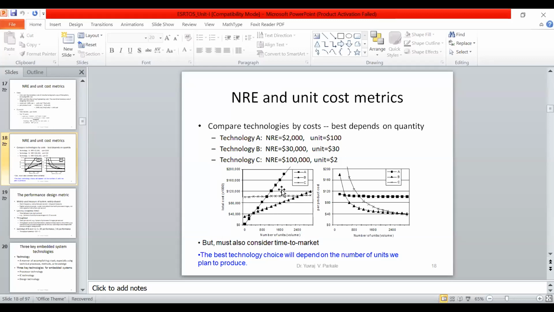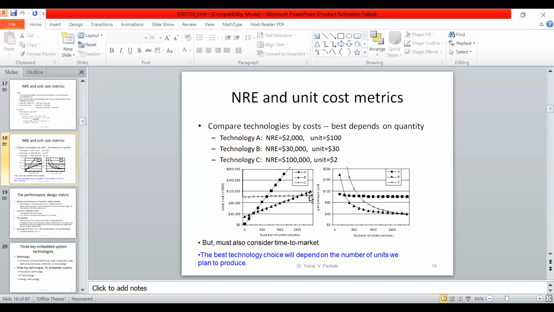Next is technology B. Again, as the number of units increases, the total cost also increases, but compared to technology A, the total cost of technology B is lesser. So I can use this second one because the total cost is less.